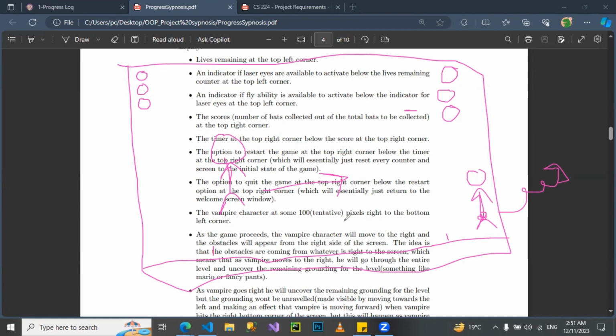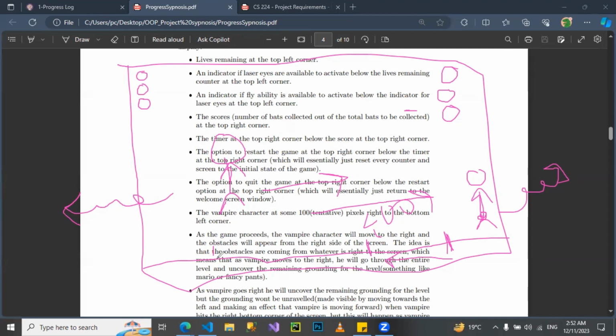We don't want that. So as soon as the vampire goes right and hits this point right here, the flooring starts to move left, which creates an effect that the vampire is moving forward in the level. This might not be 300, it might be 400 or something. The same effect is used if the vampire has to go back in the level which he has already discovered.